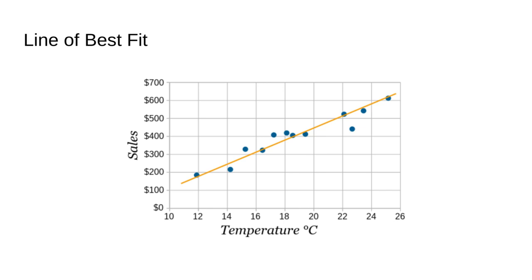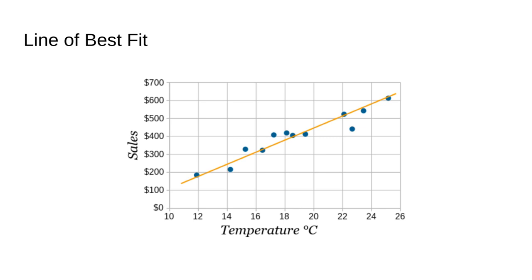So, with these relationships, we're going to do what's called a line of best fit. That means we're going to try to put a line kind of in the middle of our data so that we can show what the relationship is, but also maybe I want to predict sales at 20 degrees Celsius, and I don't have a point there.